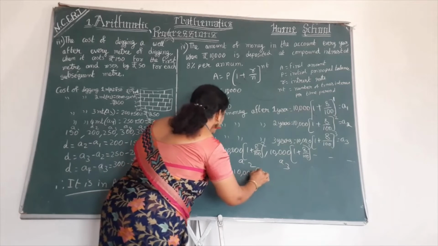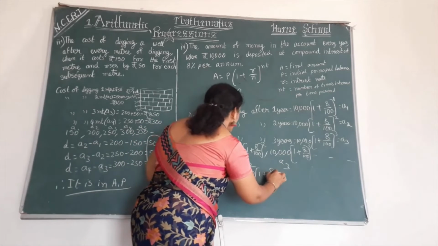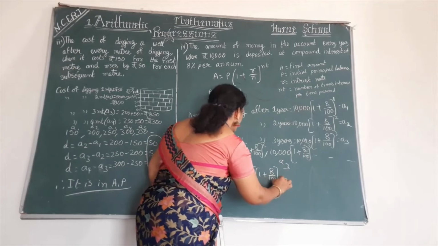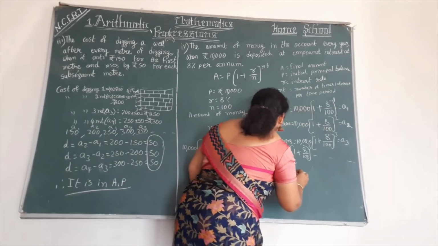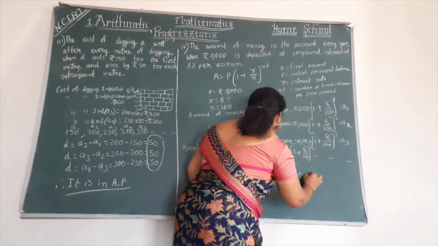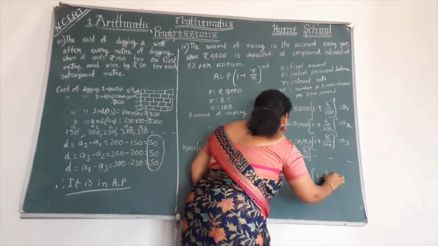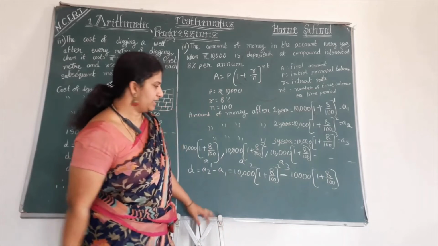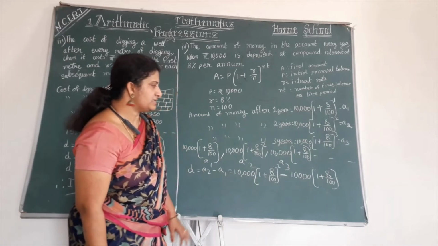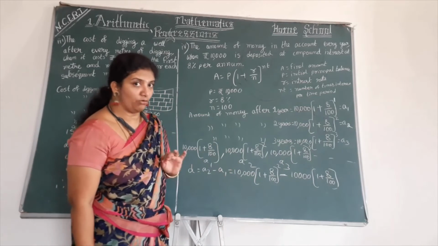10,000 into (1 plus 8 by 100) whole square minus 10,000 into (1 plus 8 by 100). Look here children carefully, how can you subtract this? First I'll take out the common factor.